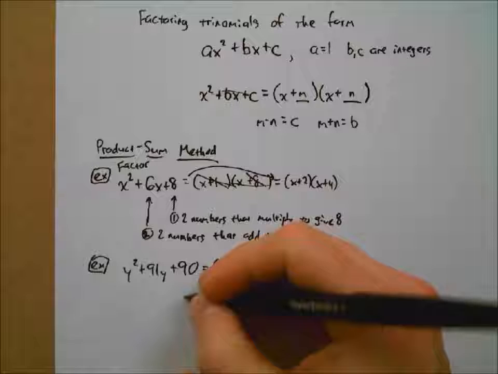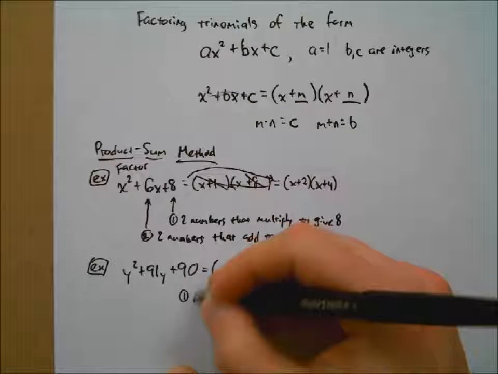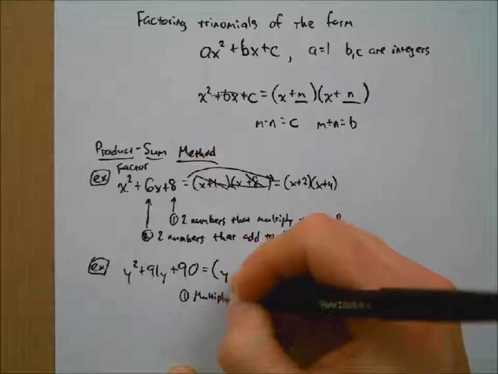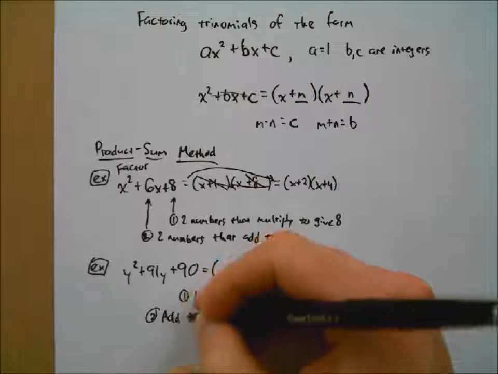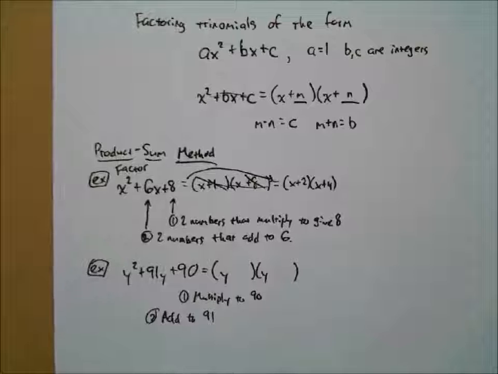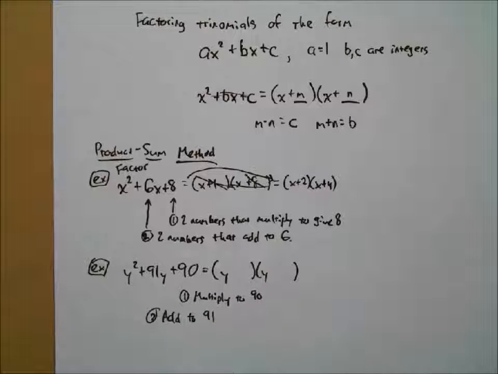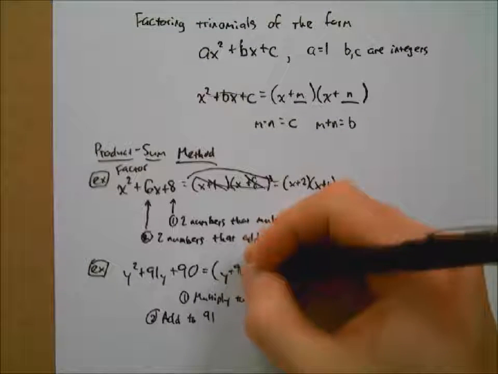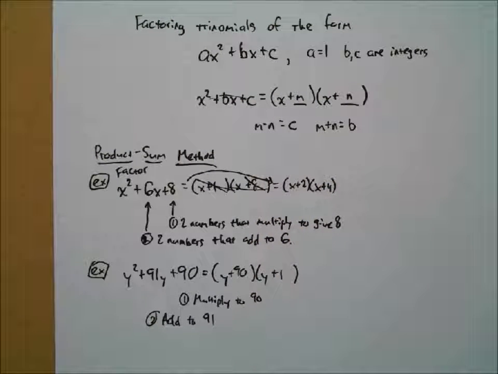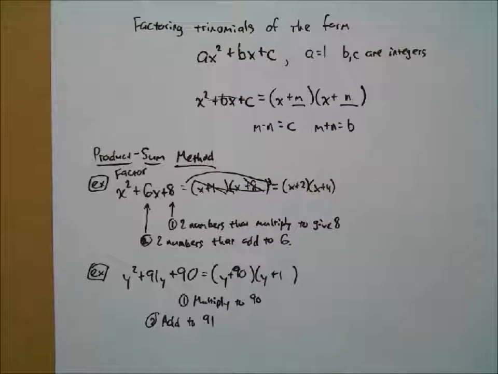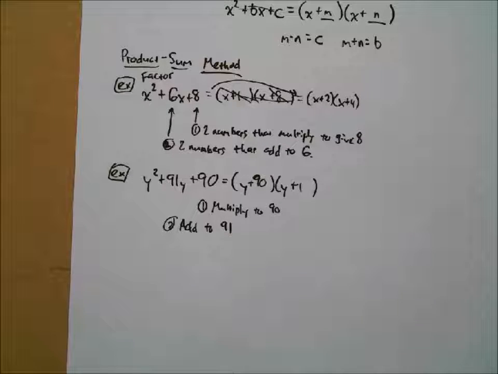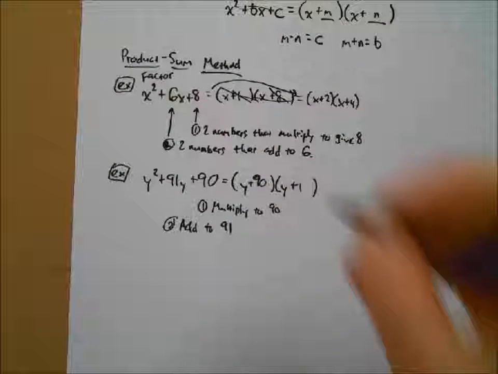Okay, so multiply to 90, add to 91. And what would those be? 1 and 90, 90 and 1. Exactly right. This is why it's really helpful to know your multiplication facts. Makes it a lot quicker. Okay, and so there it is factored.